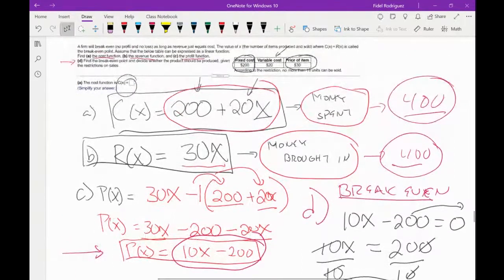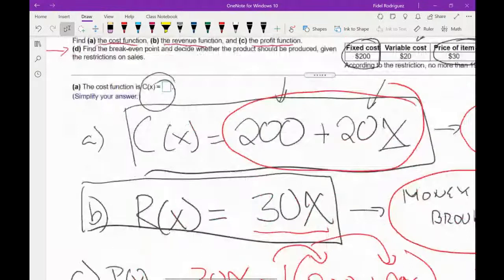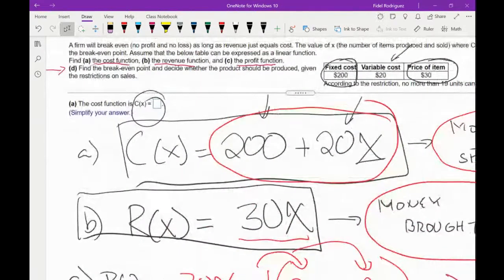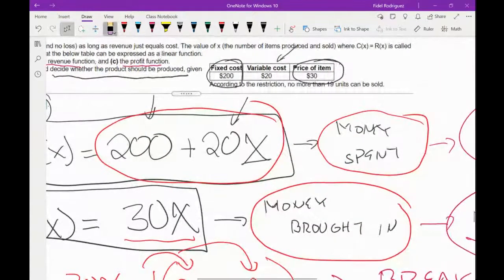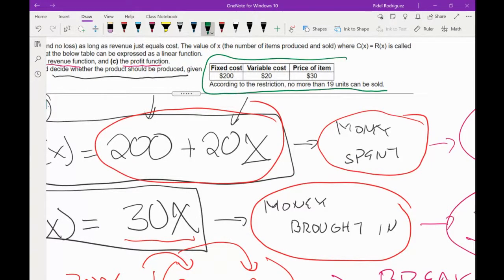When I look at part B, it asks, can we find the break-even point? We just did, but then it says to decide whether the product should be produced given the restrictions on sales. What do they mean by the restrictions on sales? If I look at my problem, they said, according to the restriction, no more than 19 units can be sold.